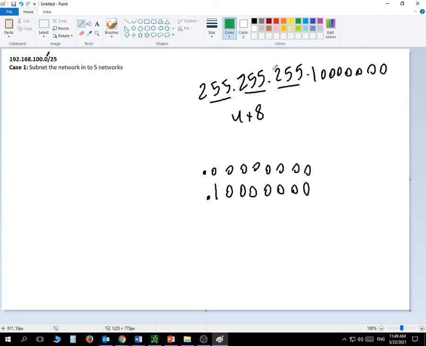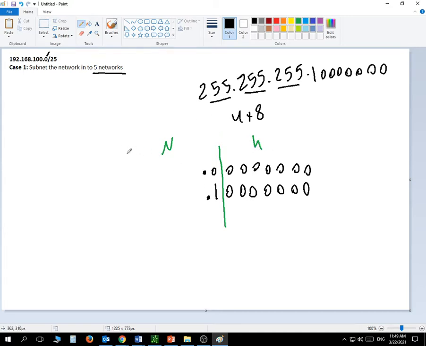Okay, now we said the line originally that we have for our network is going to separate this network IP address into the host portion, and this is going to be the network portion. Now we said whenever you have a case where you're supposed to subnet a network depending on a number of networks, we had to ask this question: how many bits do I have to borrow from the host portion to the network portion?